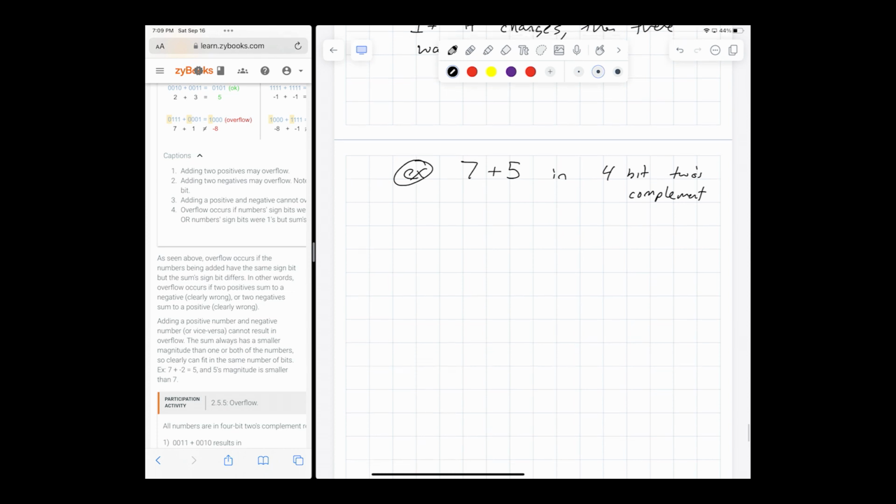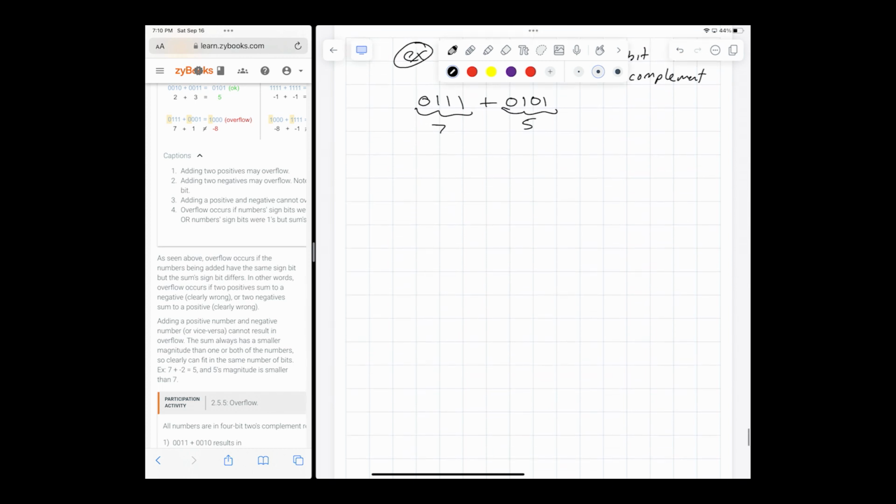So 7 would be 0, 1, 1, 1. Okay, that's 7. 5 would be a 4 plus a 1, so that'd be 0, 1, 0, 1. That would be 5, right?